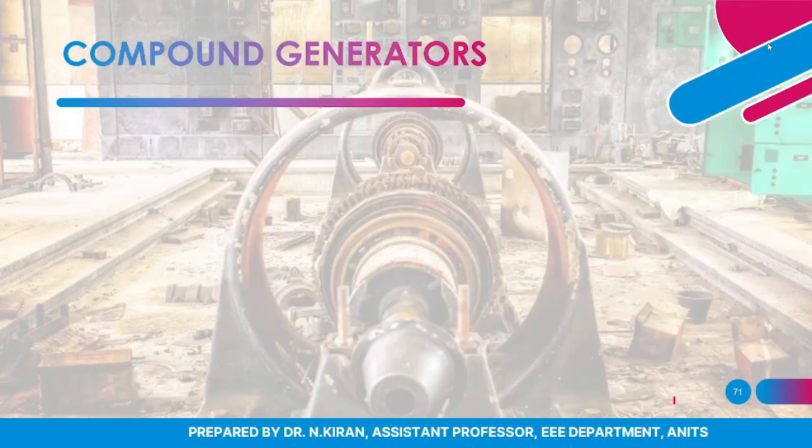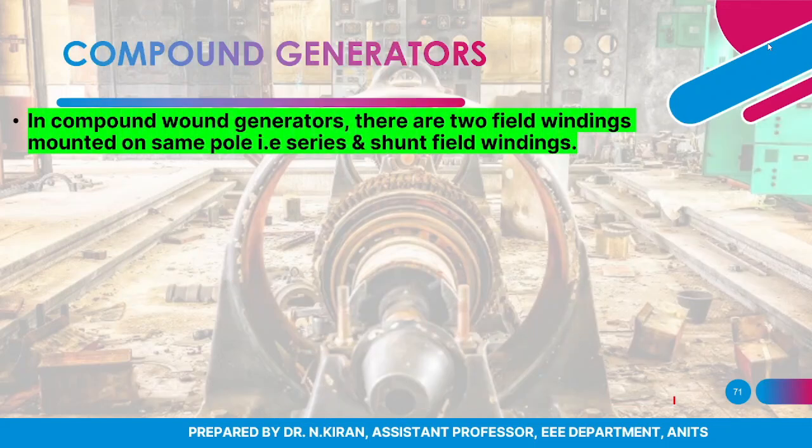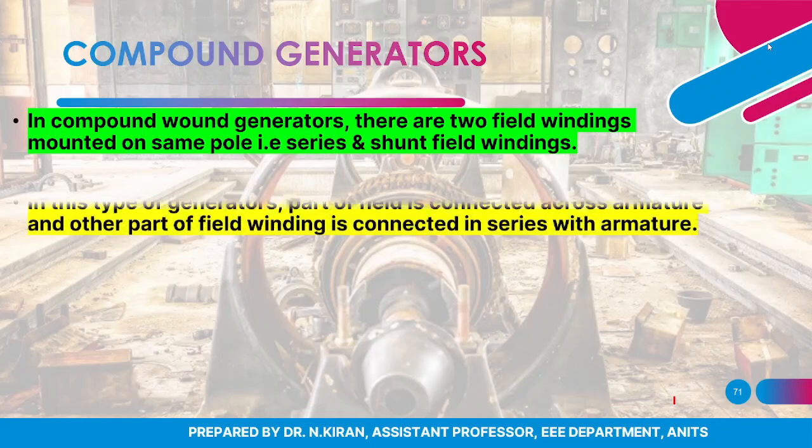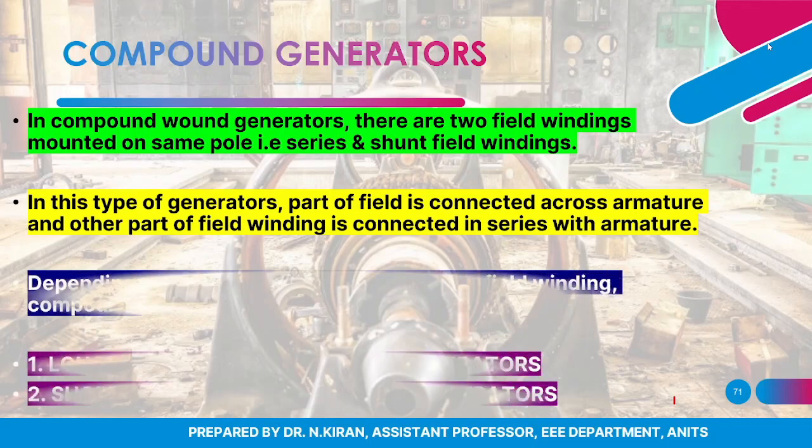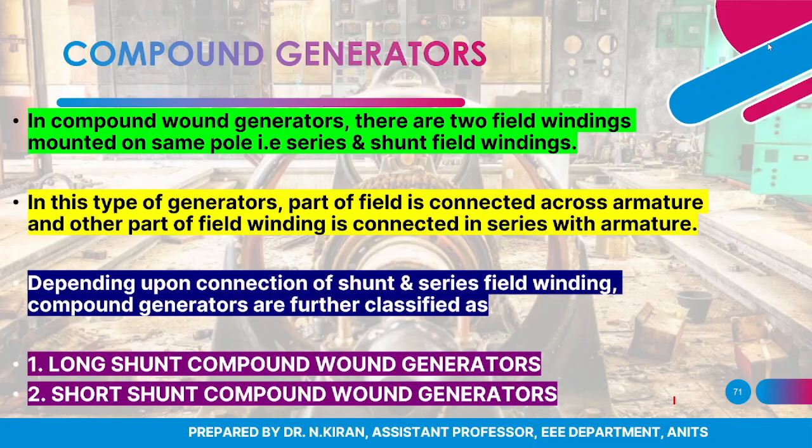Coming to the compound generator, here the field winding is partly connected in series and partly connected in parallel. So depending upon the connection of the shunt and series field windings, they are further classified as long shunt and short shunt compound generators.